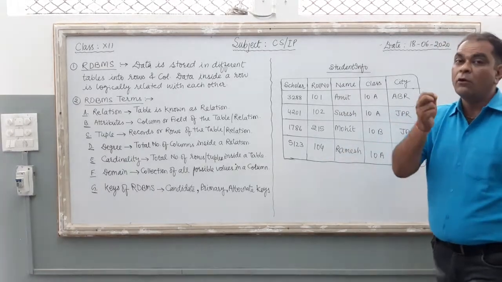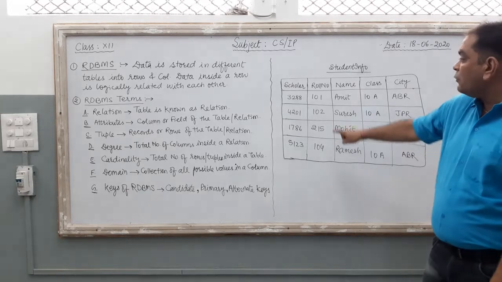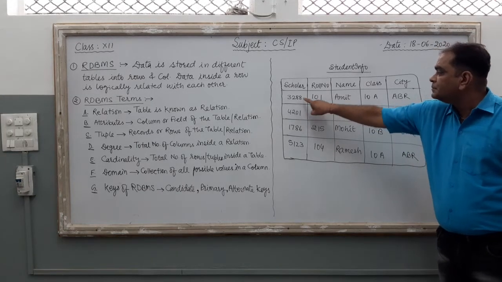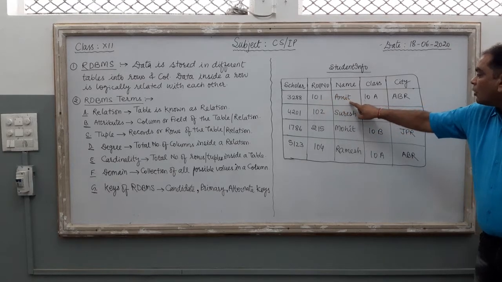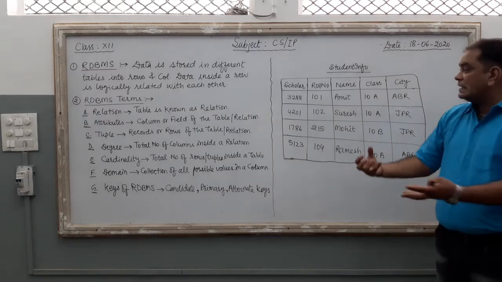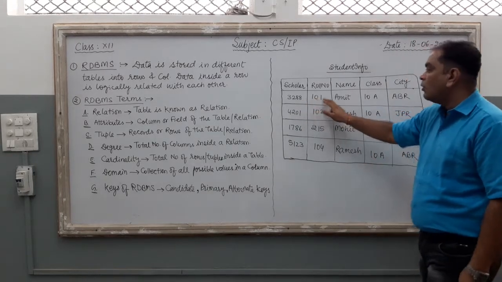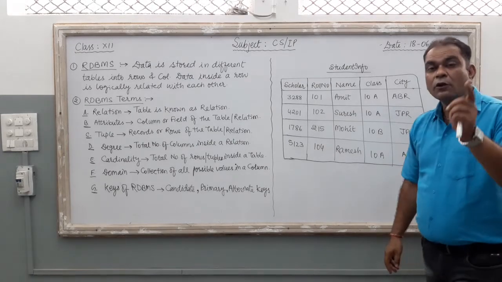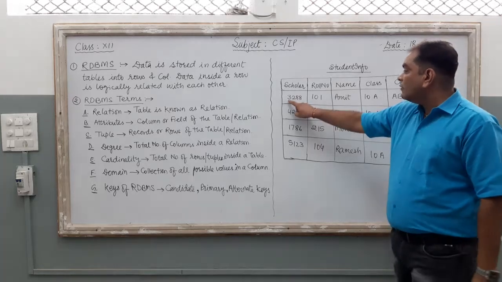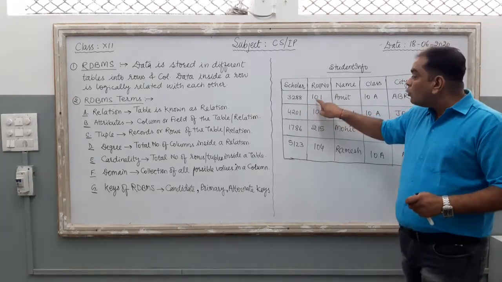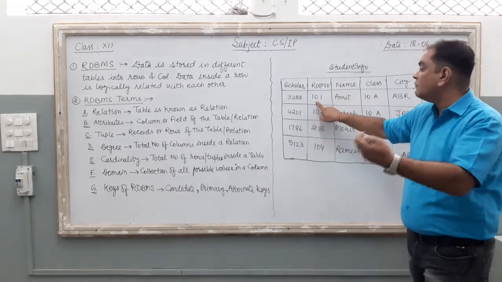Now here is one very important thing. If you see a row of the table, the data inside a row is logically related with each other. What is the meaning of logically related? Just see, 3288 is the scholar number of a student, and the roll number of that student is 101.